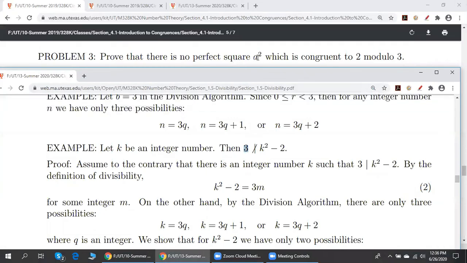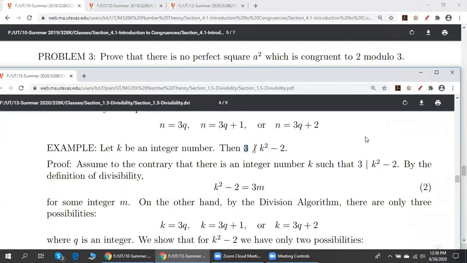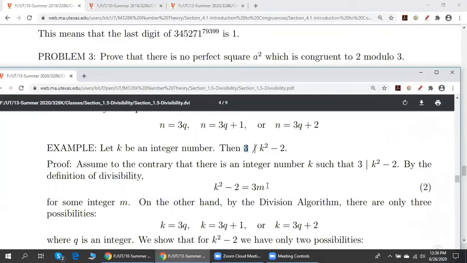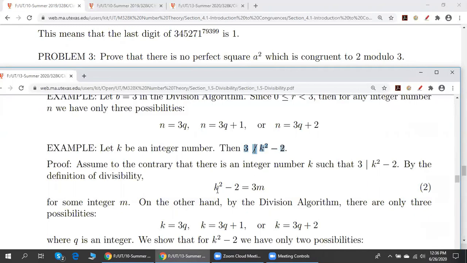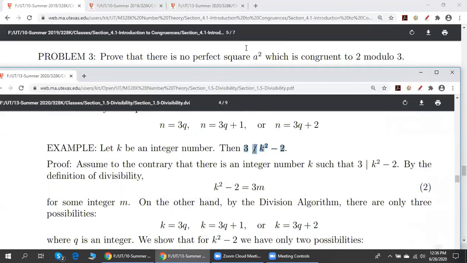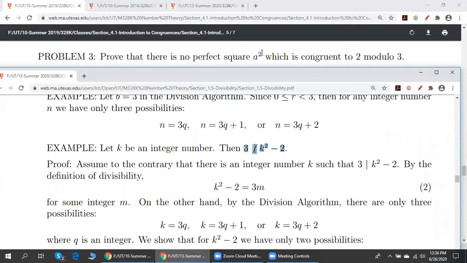Over here, a squared is never 3k plus 2. Note that these are equivalent problems. This can be restated in the following way. k squared minus 2 is never 3m, which means a squared is never congruent to 2 modulo 3.